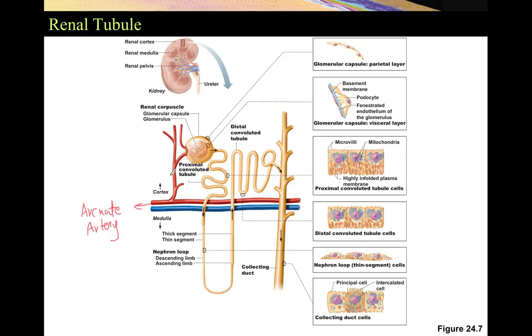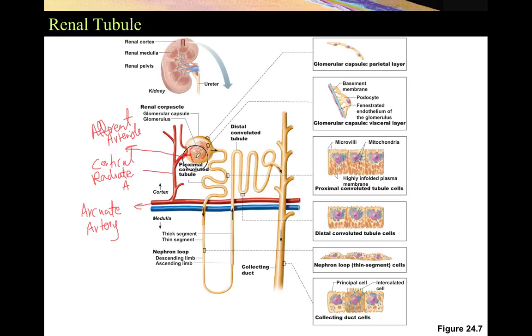This branch that you see is directly in the cortex, so we call this the cortical radiate artery, which forms this branch right here. You see this one? This one would be referred to as your afferent arteriole.